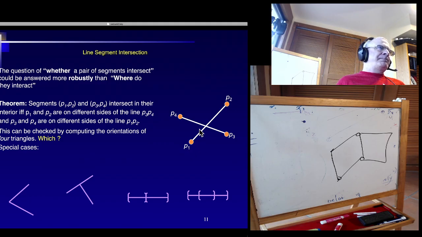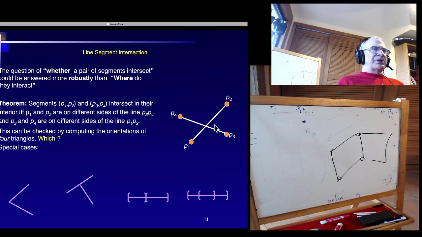So if I'm going from P1 to P2 to P3, I need to go in one direction, clockwise or counterclockwise. If I'm going from P1, P2 to P4, I must go in the opposite direction. And analogously, I need to check also for the opposite direction.